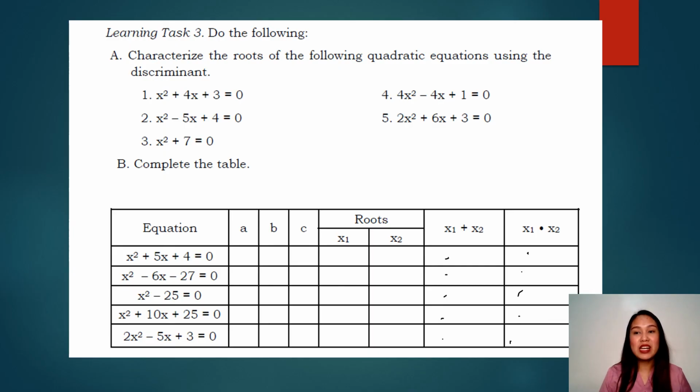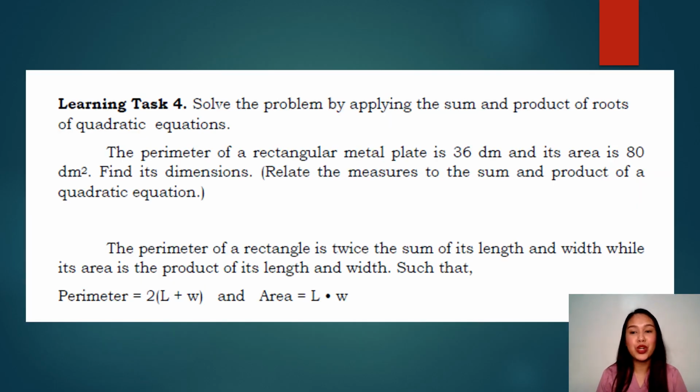Okay, we're almost done and down to our last learning task. We have learning task 4. This is actually a transfer of what you have learned from this module. For learning task 4, you have to solve the problem by applying the sum and product of the roots of a quadratic equation. So this is your problem.